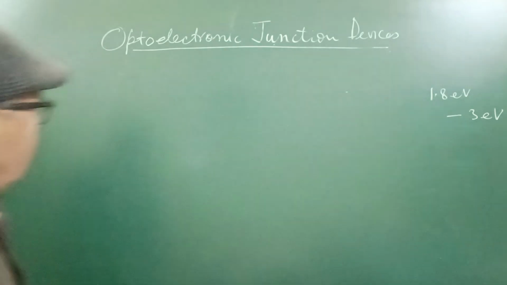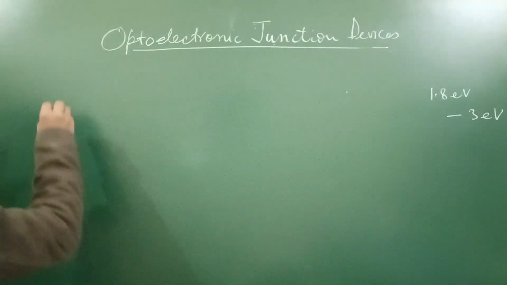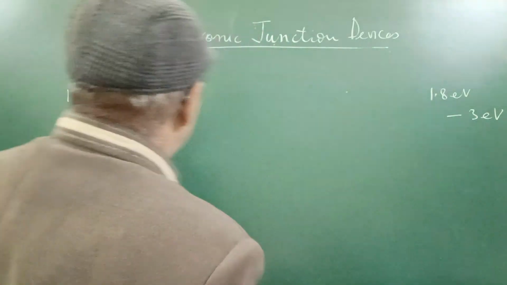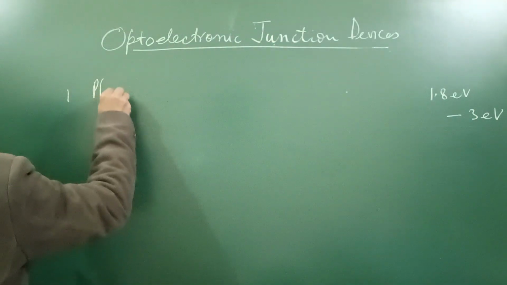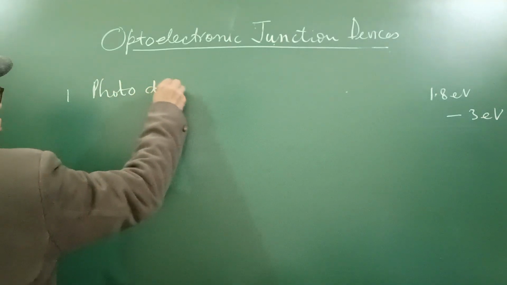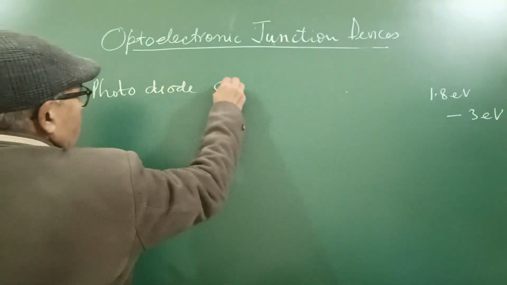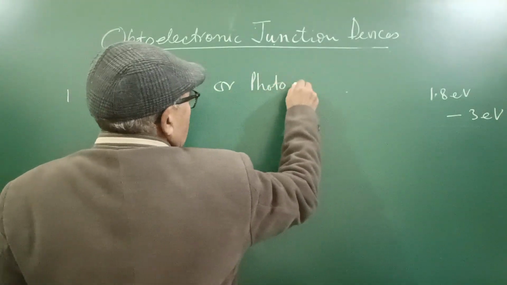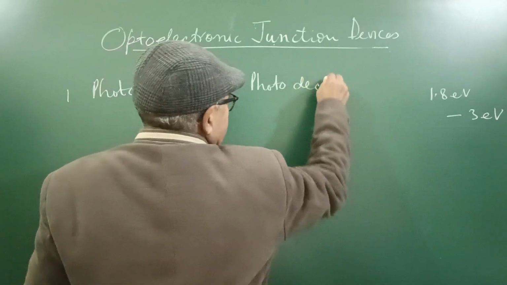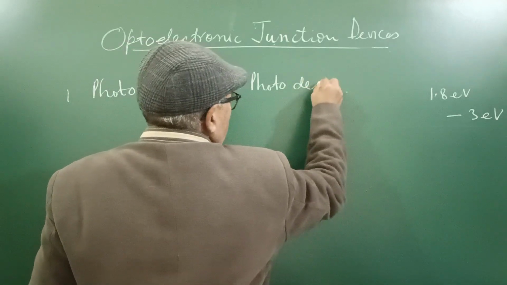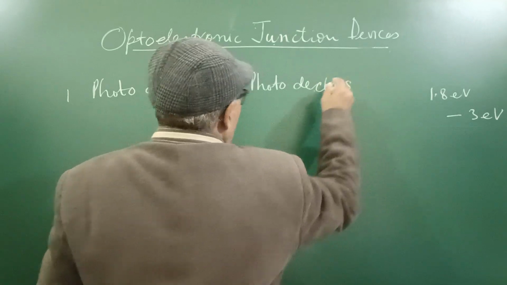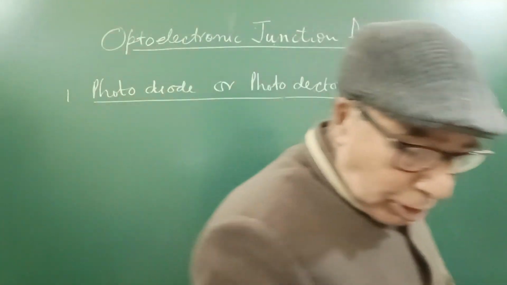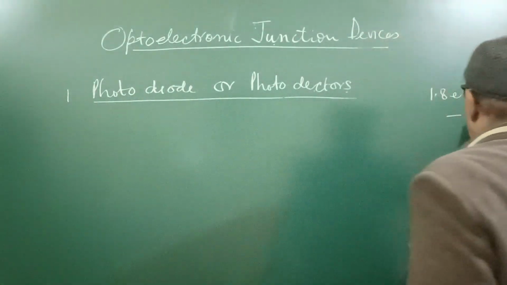The first optoelectronic PN junction I will discuss here is the photodiode. A photodiode is also called a photodetector. Detect means to sense or to find.